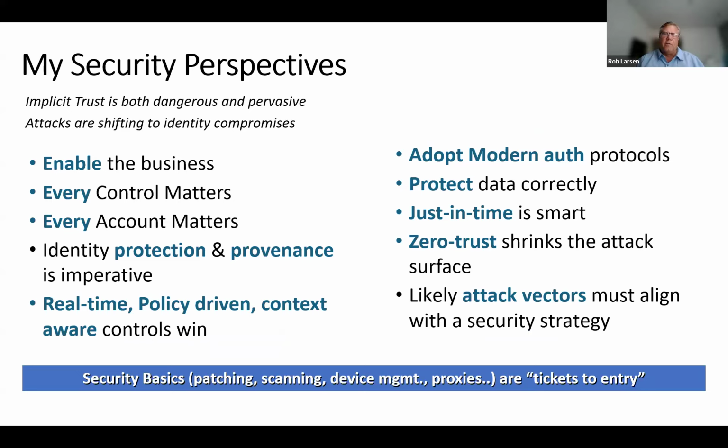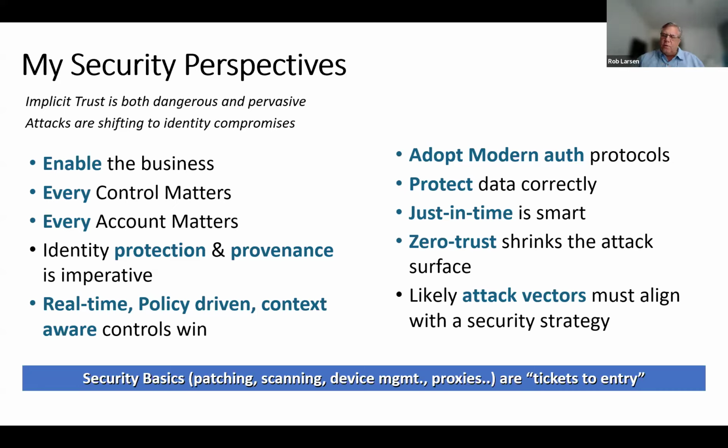So instead of fancy attacks against applications, they're just logging onto the network and then using the trust that's implicit in a lot of these corporate networks to move through the environment, find and harvest credentials. Some of them will be privileged, and they use those privileged credentials to do things that we wouldn't normally want anybody to do.